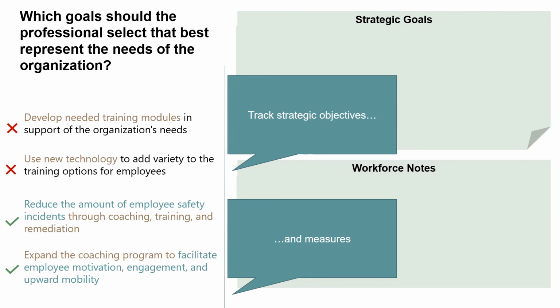The last observation that I will make here is looking at 2 of the answers that were not correct, and you can see that I left up 2 that are correct for comparison. Since the question is about talent development goals, which I would see tying to that concept of executing talent development strategy, the two that are not correct identify things that are related to training, developing training modules, using new technology, but they aren't tied to measures and they aren't tied to the strategic objectives.